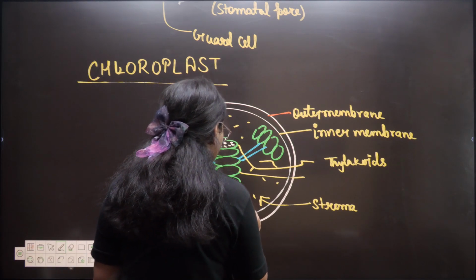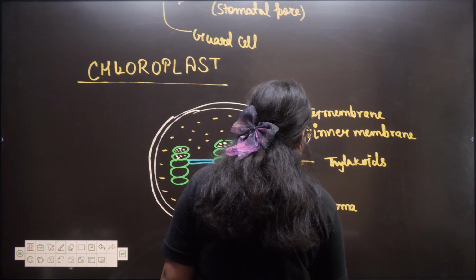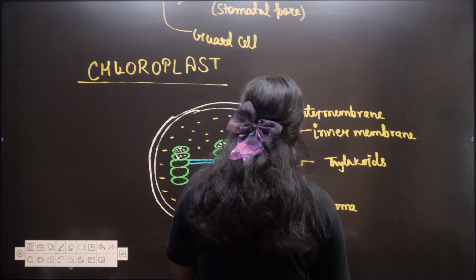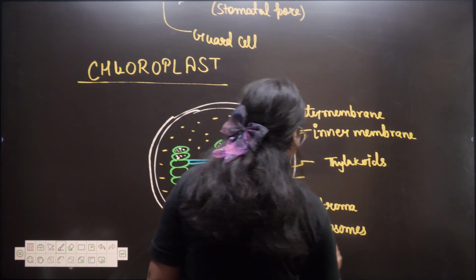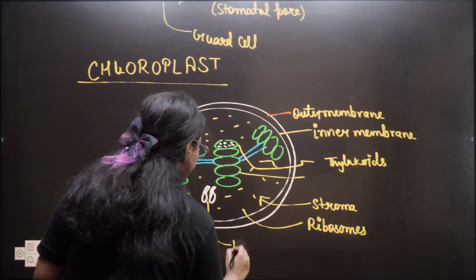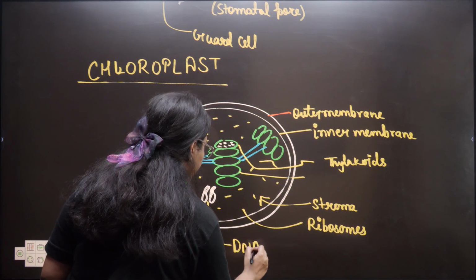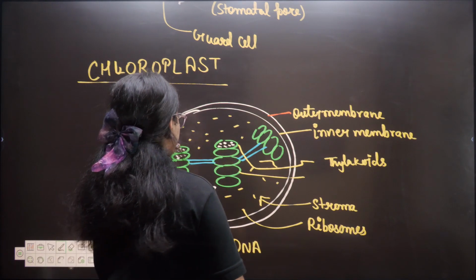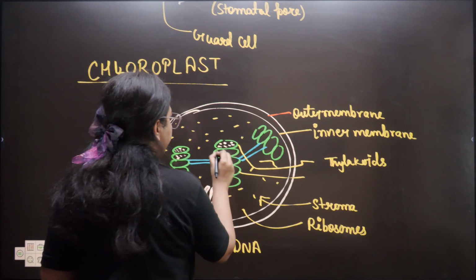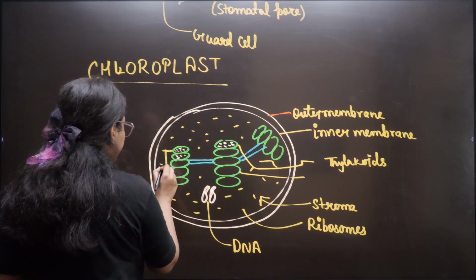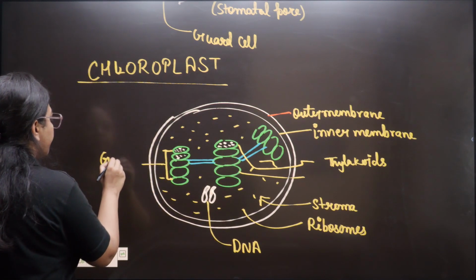Okay, this yellow part which you can see is ribosomes. Okay, this is your DNA. Okay, this is thylakoids, and this complete one, like this one, is called grana.